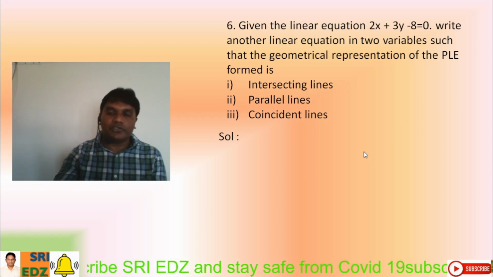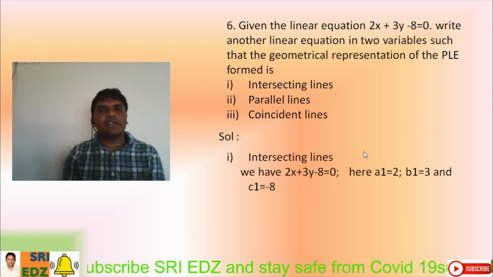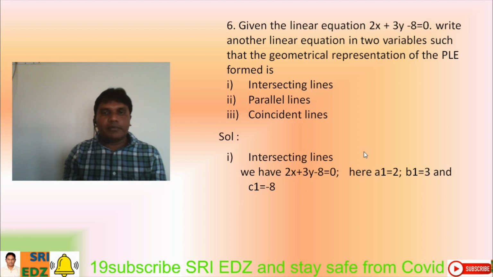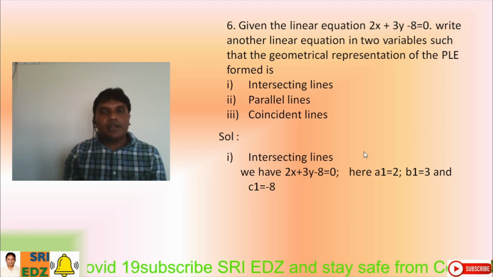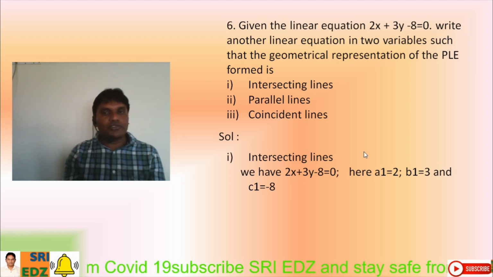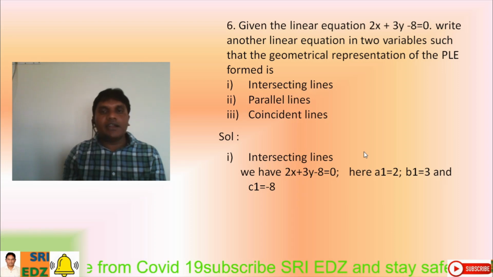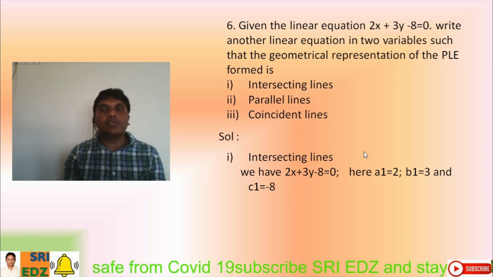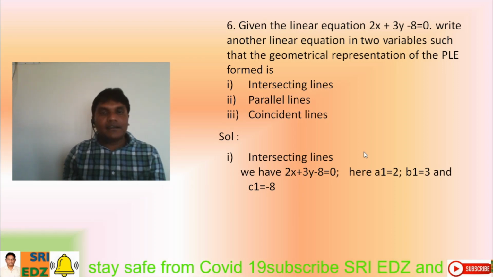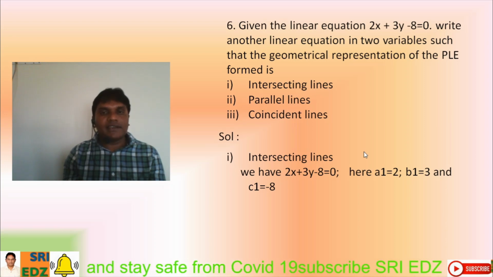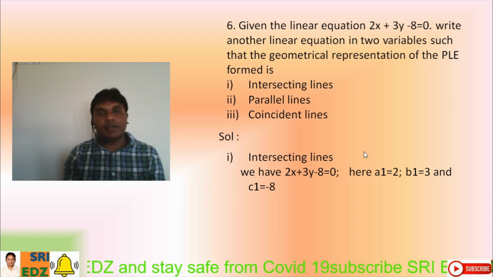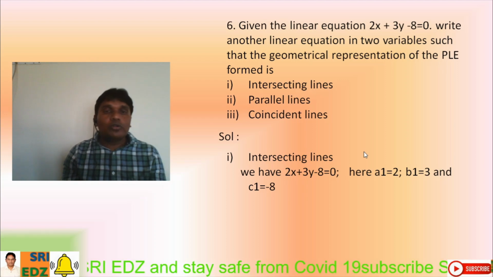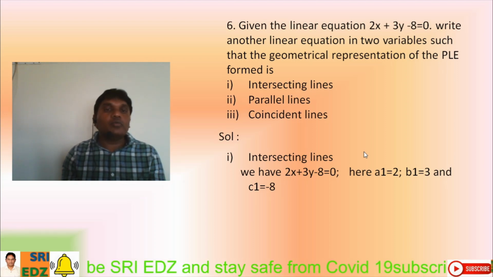First, we'll see intersecting lines. 2x plus 3y minus 8 is given. Here a1 is equal to the x coefficient, 2, b1 is equal to the y coefficient, 3, and c1, that means the constant, is equal to minus 8. For intersecting lines, we know a1 by a2 is not equal to b1 by b2.